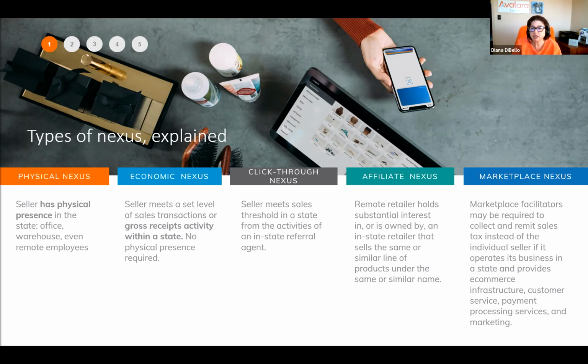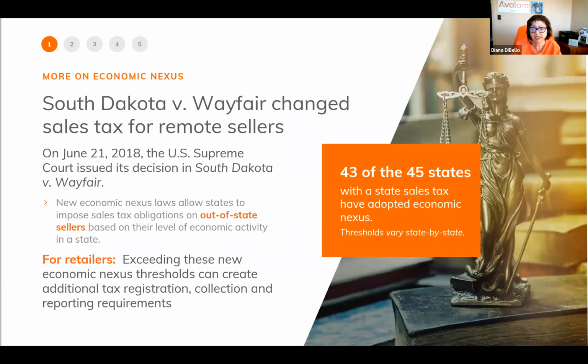So it's a way to facilitate the collection of that sales tax by going through those marketplaces. And it's important to note that a lot of the states have, in fact, imposed marketplace facilitator laws.